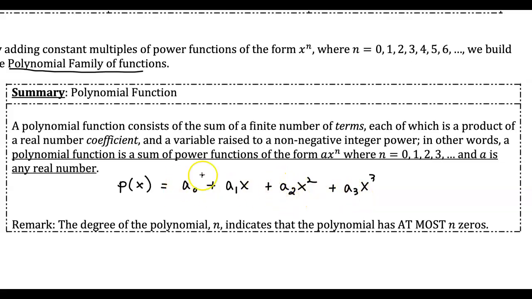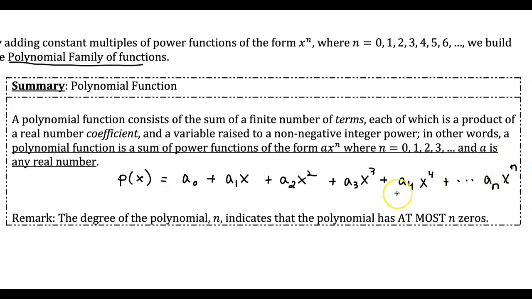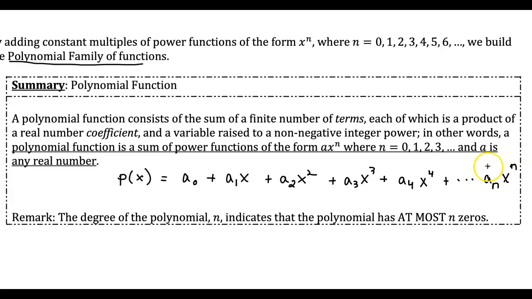They could be negative, positive, fractions, irrationals. But you wind up with a polynomial like this, plus dot, dot, dot. And it's going to have some end power, maybe the nth power. The highest degree term in the polynomial is called the leading term.